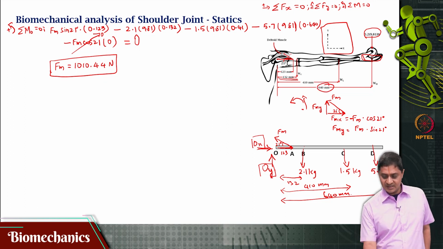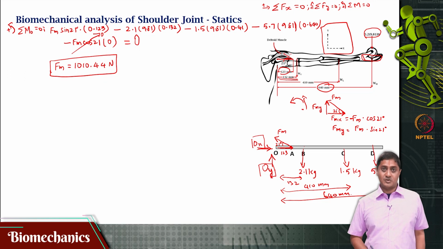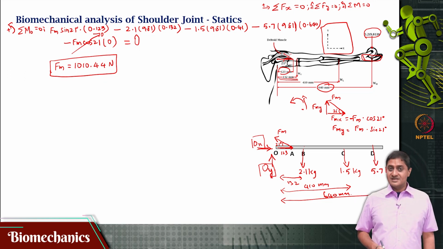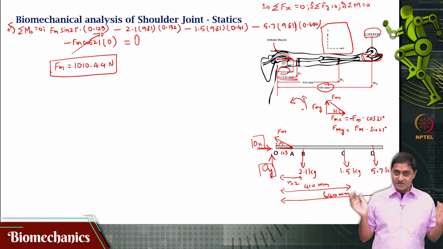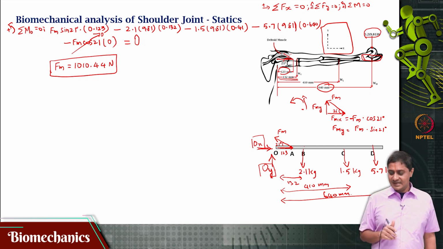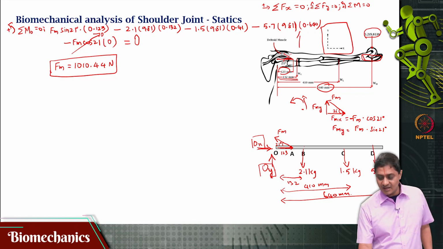The muscle is acting here at 123 mm, whereas the external load is acting at 640 mm, very large. But not just that, only the vertical component can overcome this, and it would be helpful if the muscle is acting entirely along the y axis.